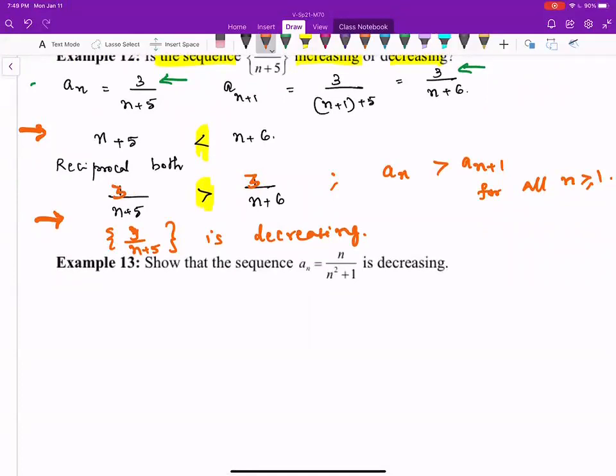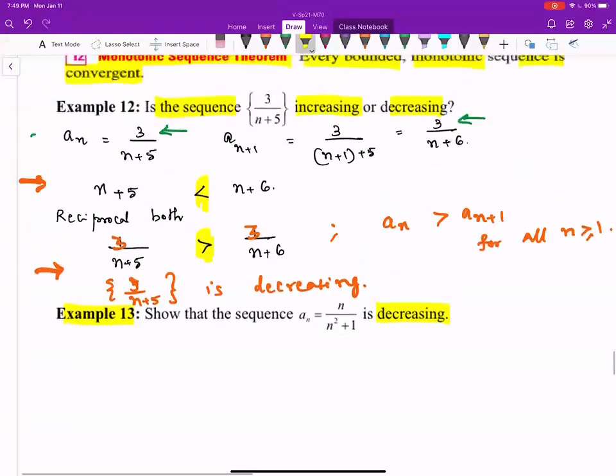Next example: show that the sequence a sub n, which is equal to n over n square plus 1, is decreasing. As we did in the previous problem, where the previous problem has a constant on the numerator, it is easy to compare the denominators of a_n and a_(n+1), and then we can just multiply by the constant.